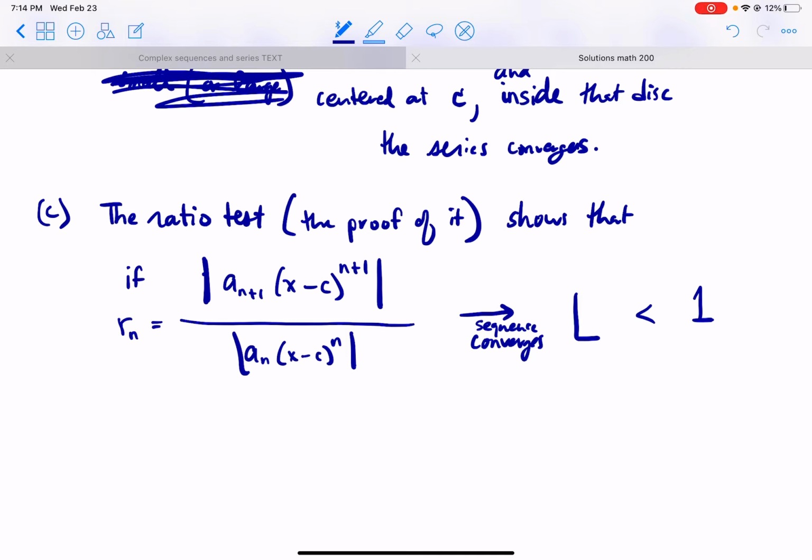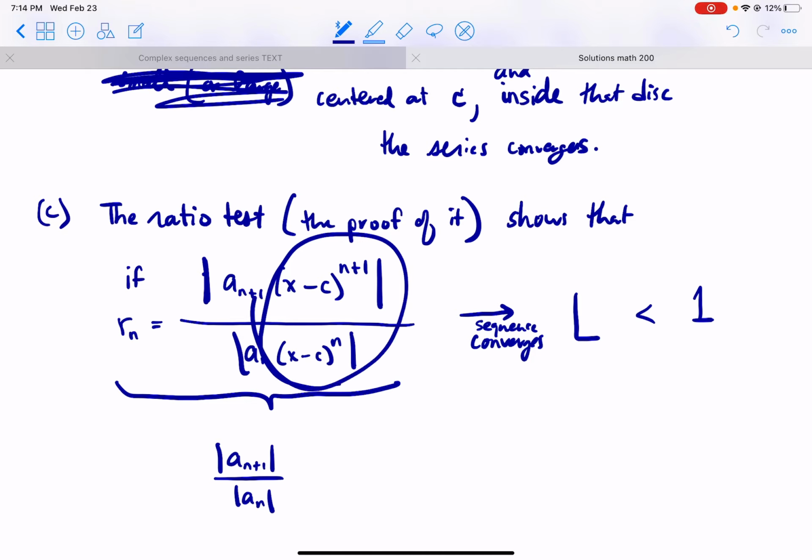And now let's look at this thing. It says a n plus 1 over a n. And then look at these pieces. There's n plus 1 of them divided by n. We're just going to get an x minus c.